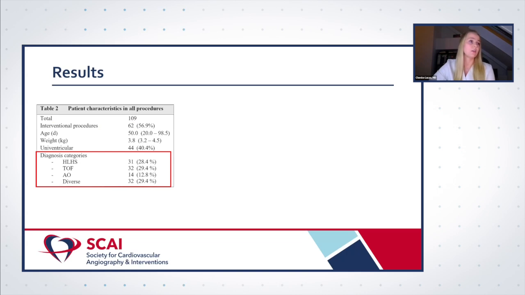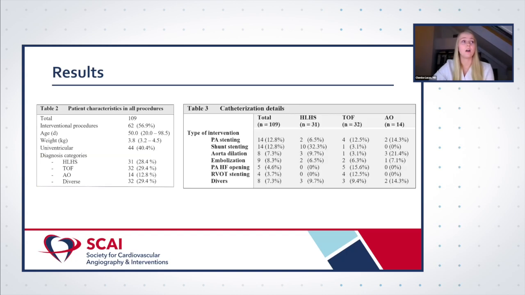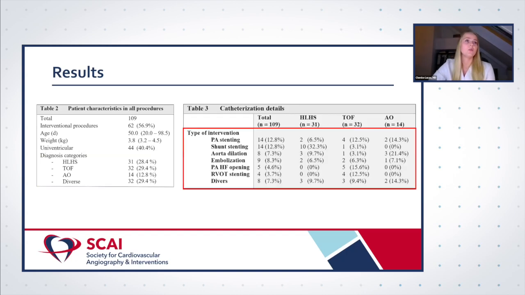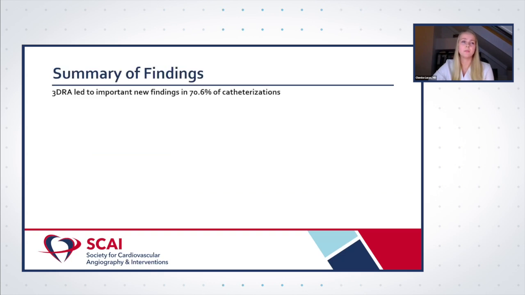This, in combination with our median body weight of 3.8 kilograms, really delineates the complexity of our cohort and the vulnerability of our patients. In our cohort, 3D-RA is mostly used in pulmonary artery, aortic or shunt stenosis, which requires stent implantation, or in embolization of large collateral vessels.